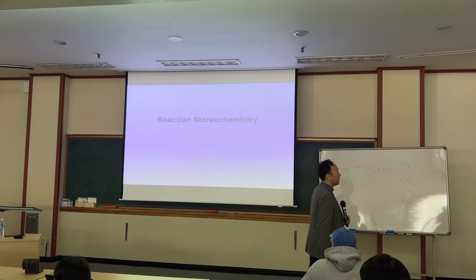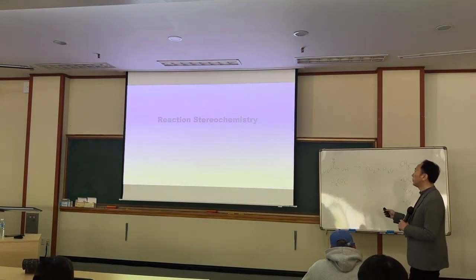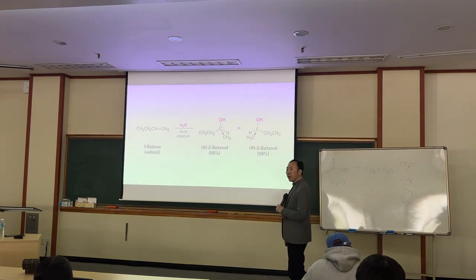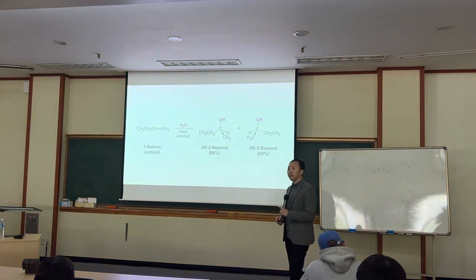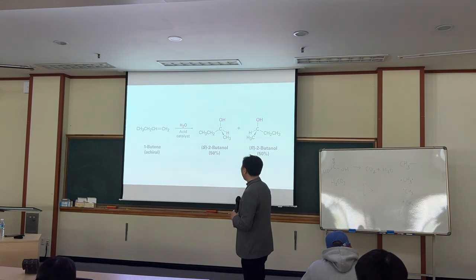Okay, now last topic. Now through these hydration reactions, by adding acid and water. So we started this reaction from last week. Acid addition here, and then it forms a carbocation intermediate.